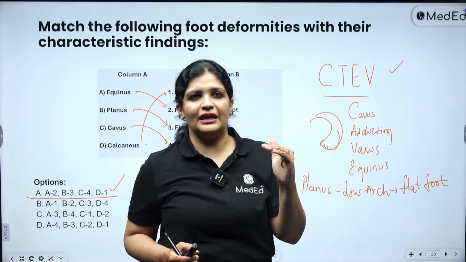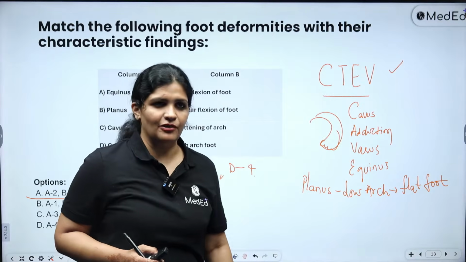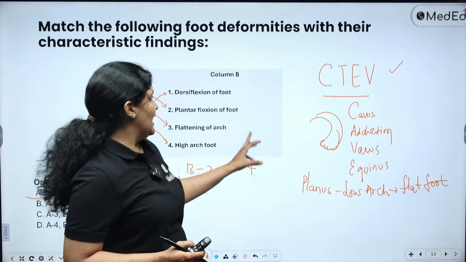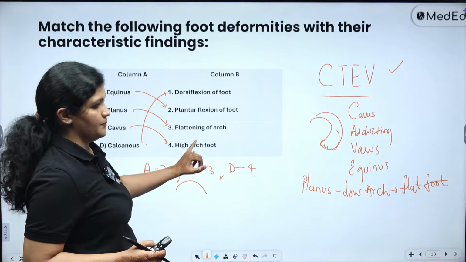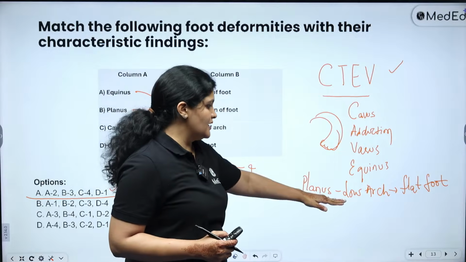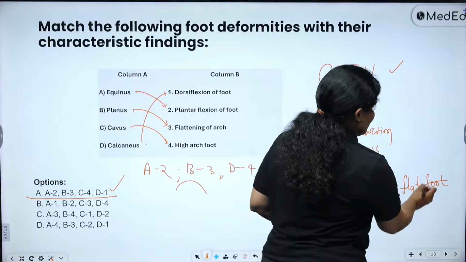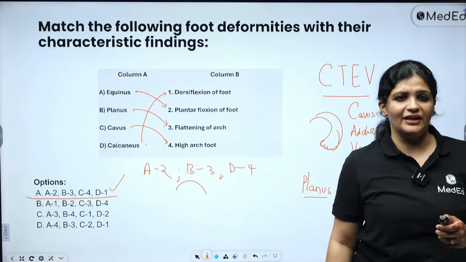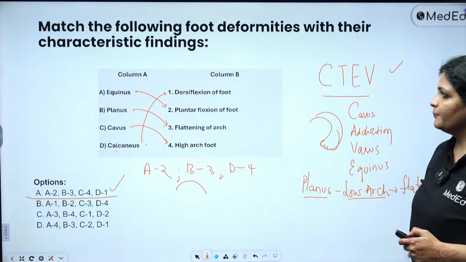The medial longitudinal arch is one important arch. Everybody has that arch, and cavus means there is a high arch. When it is planus, planus is nothing but your flat foot, so the arch will decrease. So the answer goes this way. Fine? Yes.